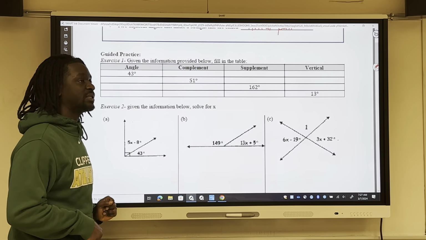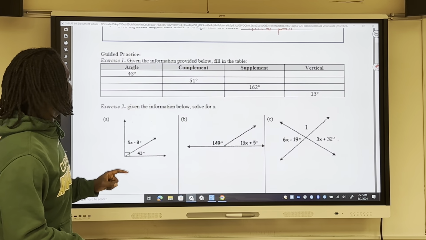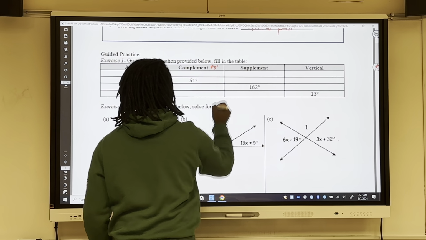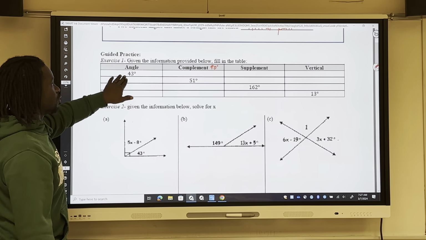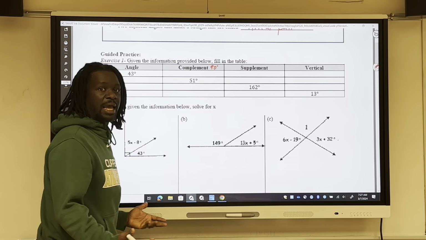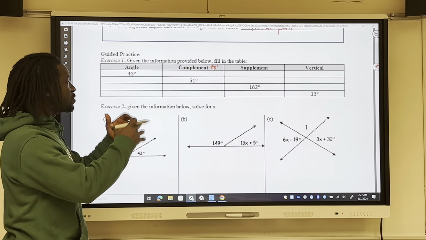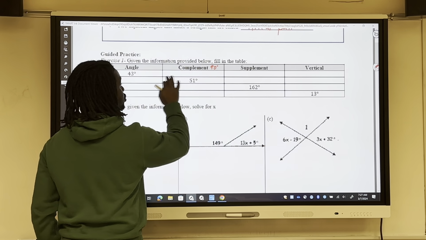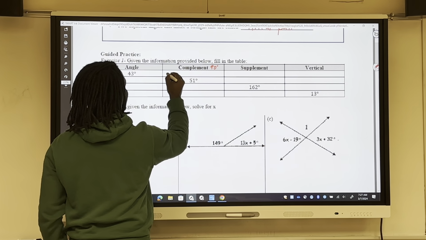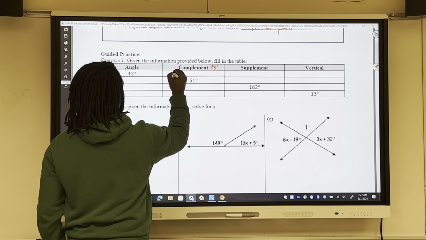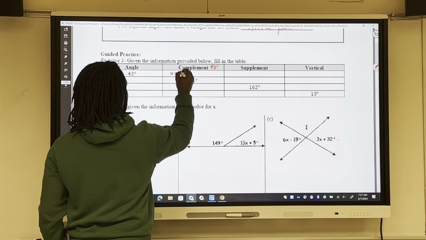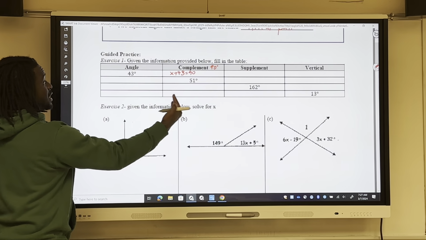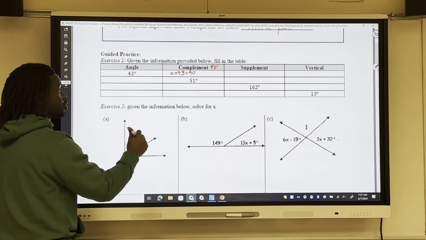If I have this angle, the complement of this angle, remember, adds up to give me 90. So I just have to say, what plus 43 gives me 90? I could set up an equation to do that. You don't write this down, but I could say x plus 43 equals 90, and then do the inverse operation, which is to subtract.